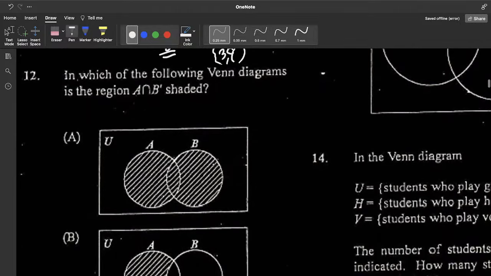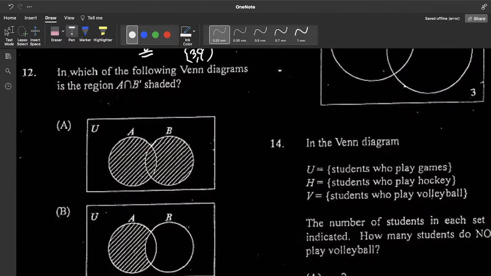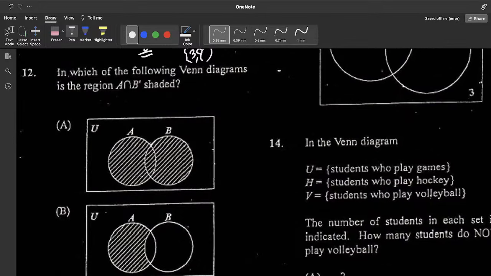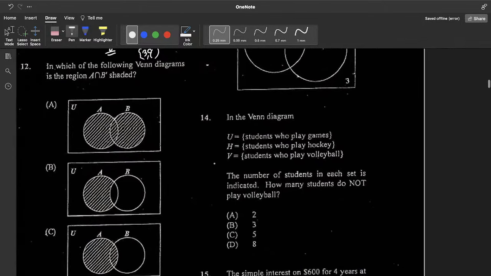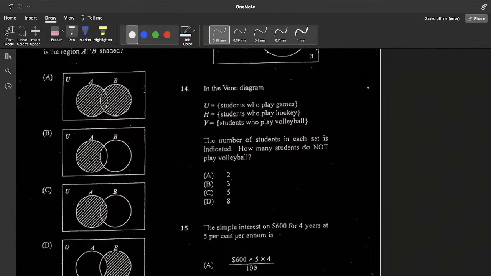The next one says, in which of the following Venn diagrams is the region A intersection B complement? So let's try to see what that is. What this means is we'll have A first, and then we're finding what's common between A as well as B. This intersection part is just asking us what is common between the both sets.